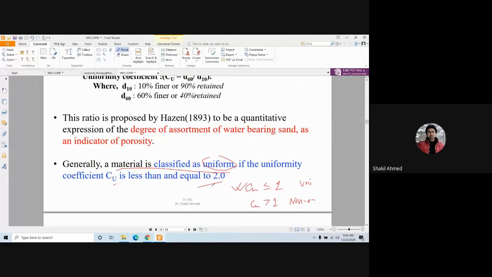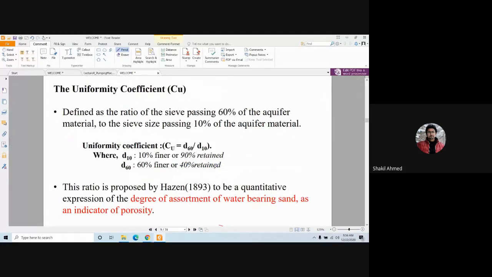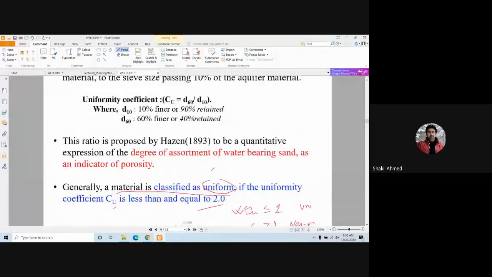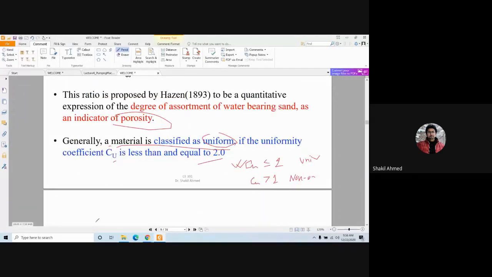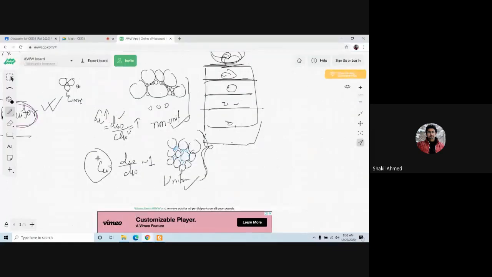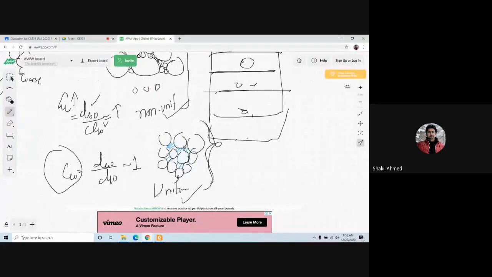So anyway, what I was trying to say here is that the uniformity coefficient gives you an idea of the porosity. If it's uniform, then you will have higher porosity. That means more space for the water to occupy.